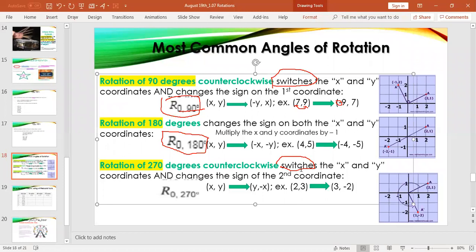So 4 times -1 is -4, and 5 times -1 is -5. It doesn't mean that the image coordinates are always going to be negative. It just means change the signs.